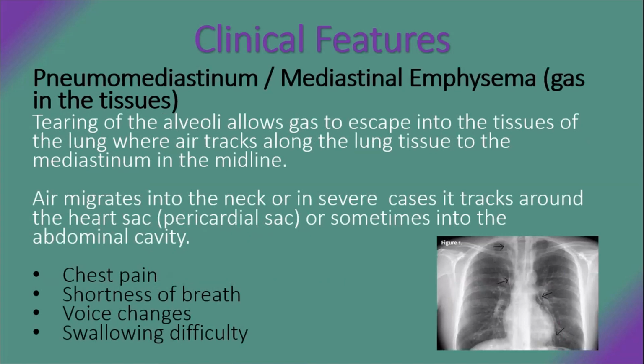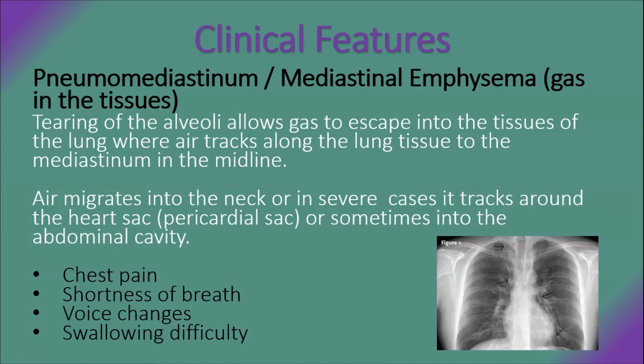So the next slide is mediastinal emphysema or surgical emphysema. This is gas in the tissue. This is tearing of the alveoli, which allows gas to escape into the tissues of the lung, where air tracks along the lung tissue to the mediastinum in the midline.